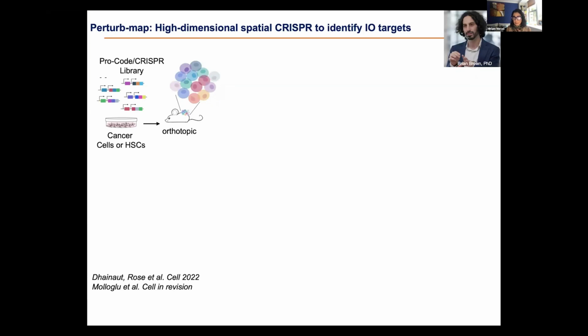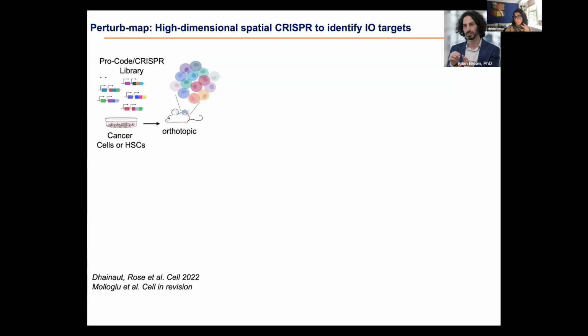And he developed these fantastic models called PerturbMap that enable him, in fact, to develop a pooled CRISPR screen. And each CRISPR will be attached to a tag that will, in fact, label either the nuclei or the cell membrane. So that will enable us to identify the tumor cells that receive each specific gene editing program.